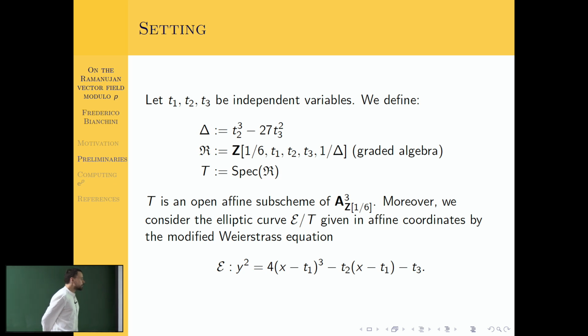And moreover, we consider the elliptic curve given in affine coordinates by this. It's a modified version of the Weierstrass equation where we just translate the variable x, okay? And that's why we have to invert delta here, so that we obtain a family of elliptic curves, so that all the geometric fibers are smooth genus 1 curves, okay?